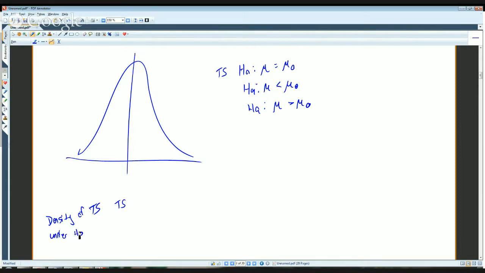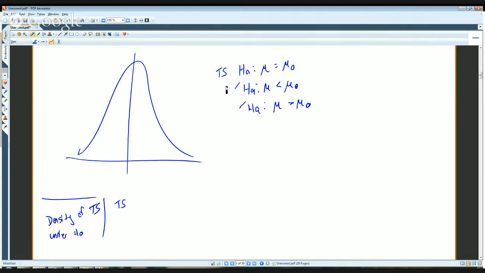The test statistic is consistent with the hypothesis in the sense that we're going to reject, in this case, if the test statistic is too small, and in this case if the test statistic is too large.